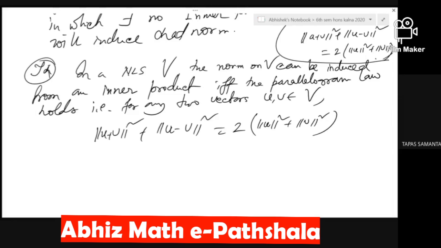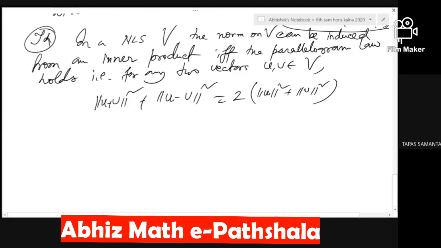Now we move to explore the geometrical concept of perpendicularity. In R2, in the plane, or in space R3, you frequently call two vectors perpendicular if their angle is pi by 2. But the real fact is that two vectors are perpendicular if their inner product is 0.